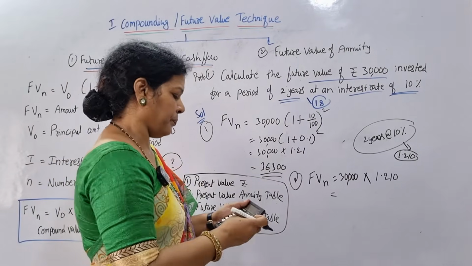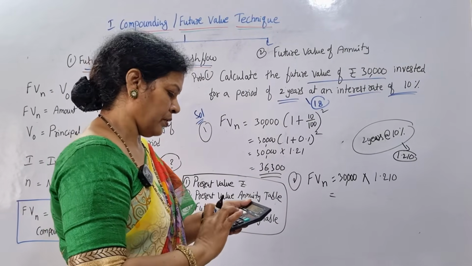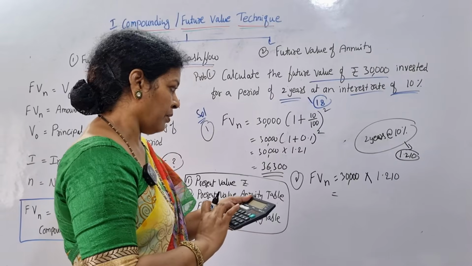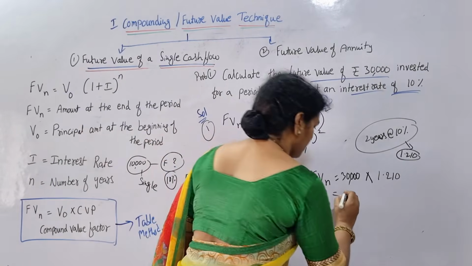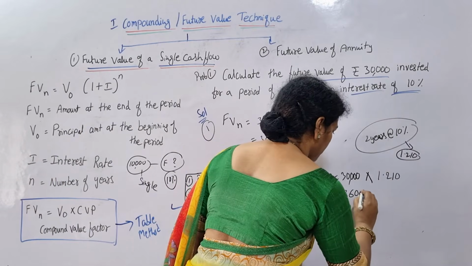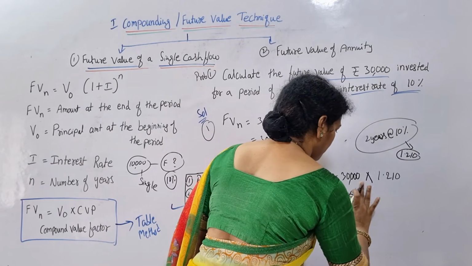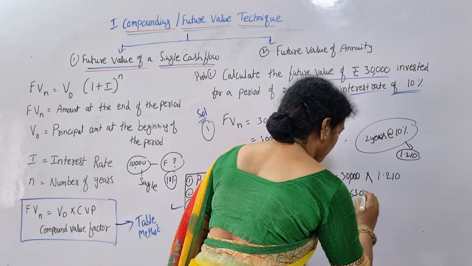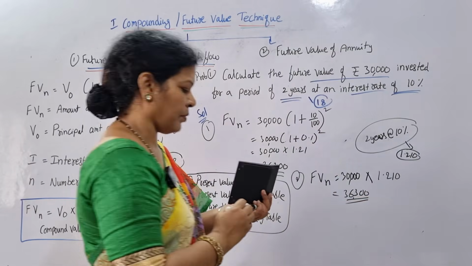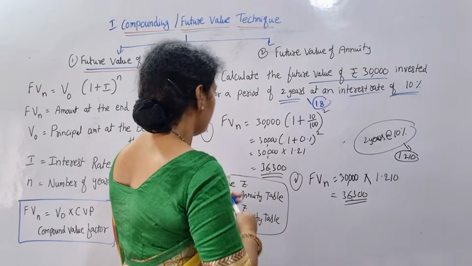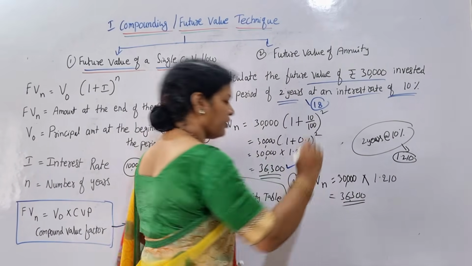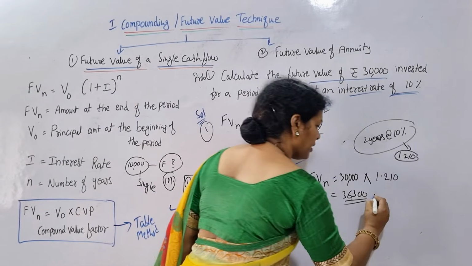See, 30,000 into 1.210 comes to 36,300. Same value. It means you can go for manual calculation, as per the formula, or as per the table.